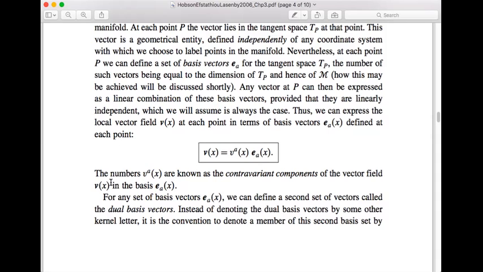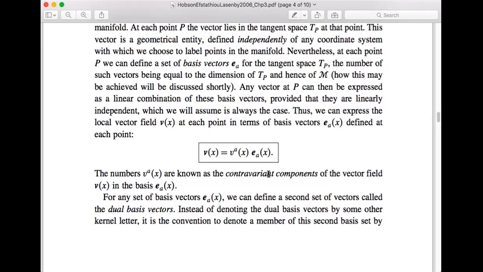The numbers V^A, functions of x, are known as the contravariant components of the vector field V in the basis E_A. Now, why are they introducing the notation contravariant components? Well, it turns out that vectors come in different types.